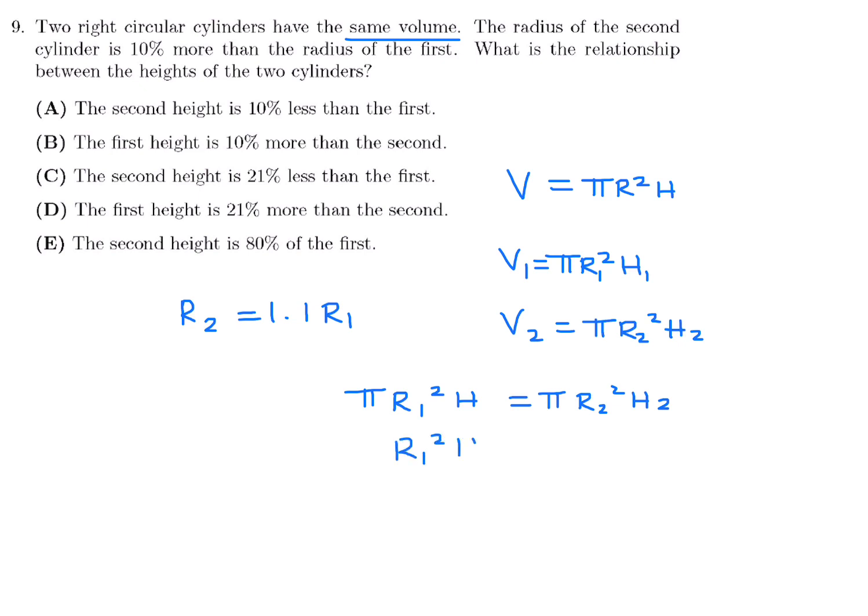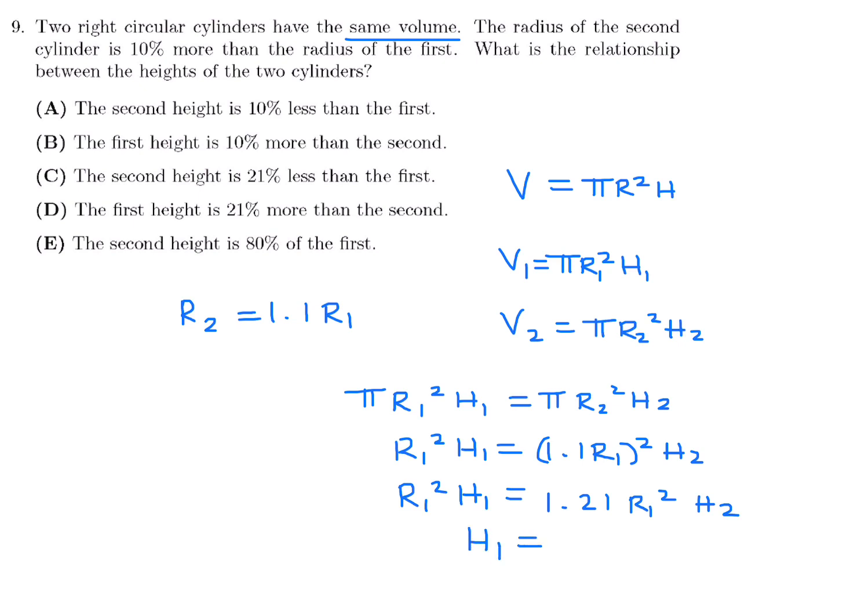And then r2 is 1.1 r1, squared. When you square it, it becomes 1.21 r1 squared h2, with r1 squared h1 on this side. The r1 squared cancel, so all you're left with is the h1s and the h2s. So h1 is 1.21 times h2. So the first height is 21% greater than the second. So number 9, the answer is D.